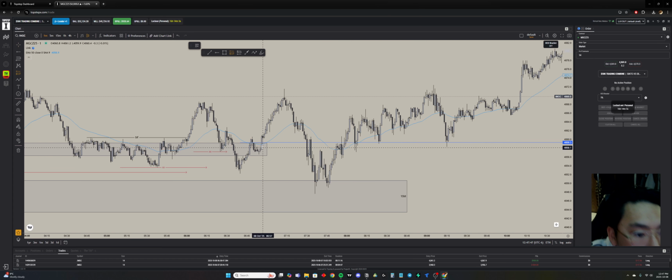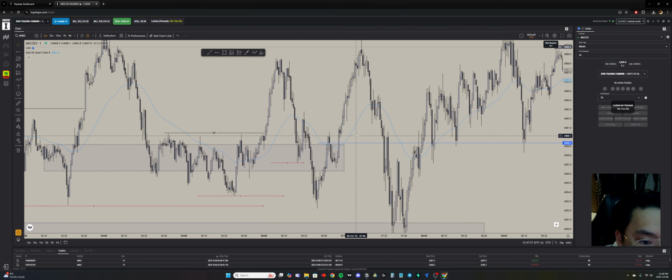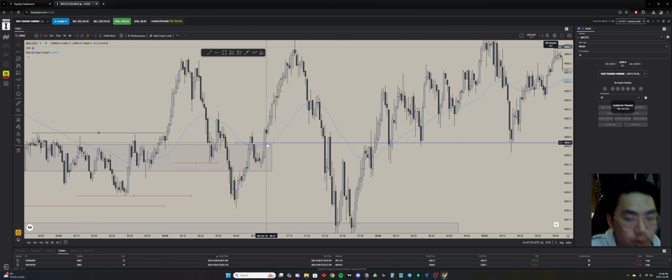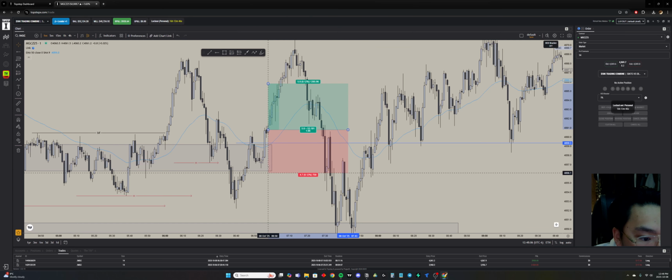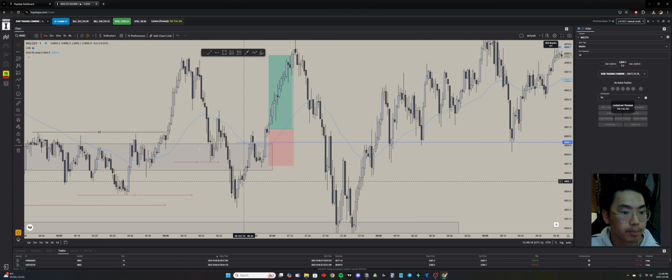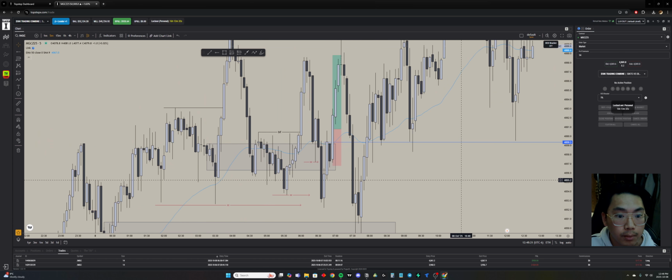Now, as you can see, this pushed up really high, so I was waiting for this to retest, and then after we had this bearish candle, I said, okay, hopefully it comes back down to this level so I can get a tighter entry, but if it breaks past this candle, I'll get in, because I don't want to miss out. And thankfully that was correct, because I would have been left behind if I didn't get in. And that was our setup.